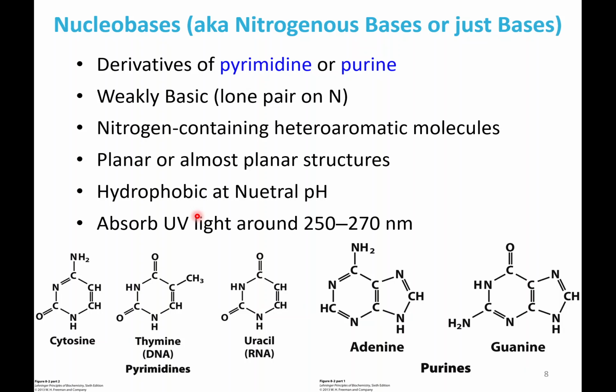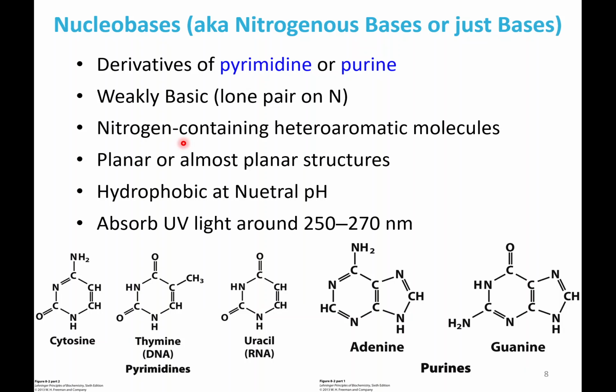So what are the bases? All the bases are going to be derivatives of pyrimidine or purine. They're weakly basic because of the lone pairs on nitrogen, and they all have nitrogen in them. That's why we call them nitrogenous bases. They're weakly basic and they contain nitrogen.